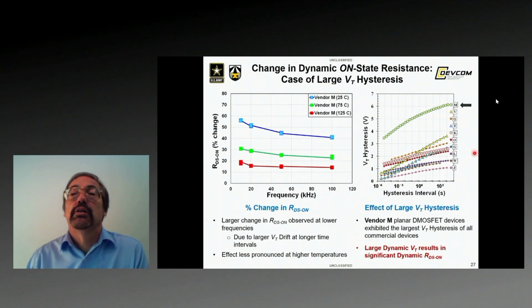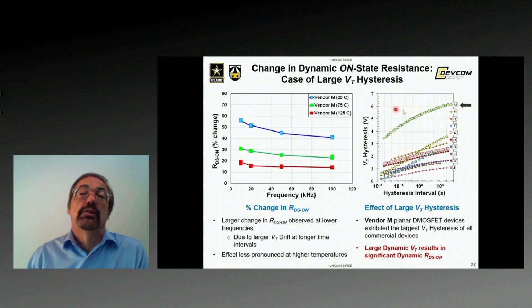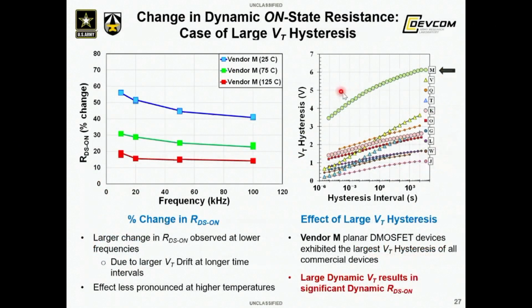So first result I'm going to show is for the planar outlier device, what we call vendor M. And this is the one with the large VT hysteresis as processed. I'm showing here the percent change in RDS on versus frequency. We looked at several different frequencies for 3 different temperatures, 25C, 75C, and 125C.